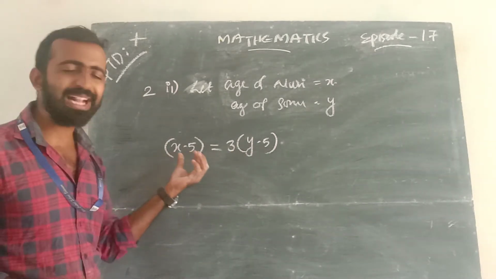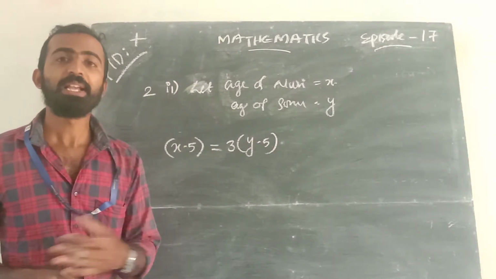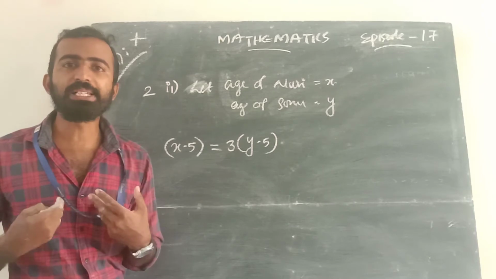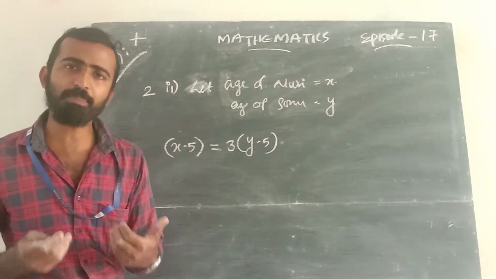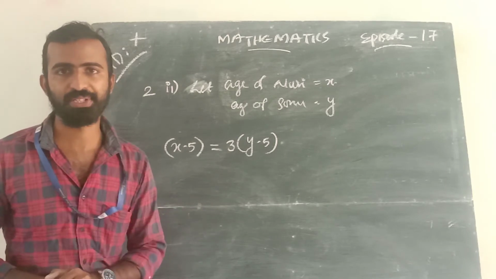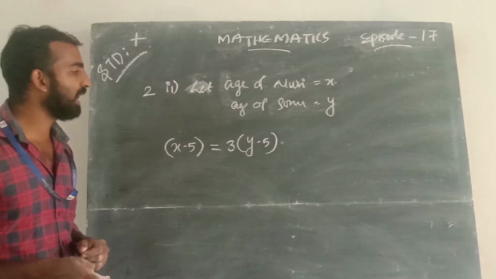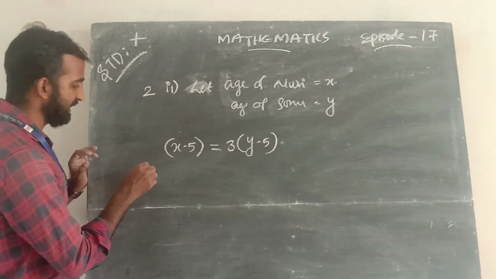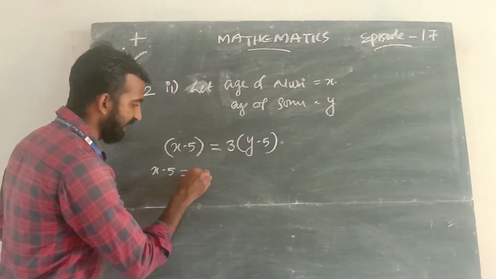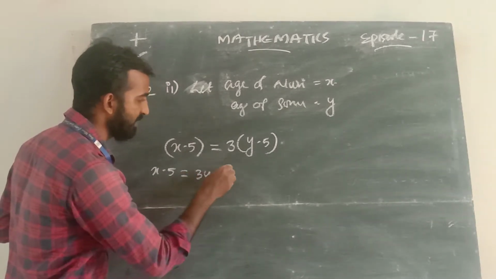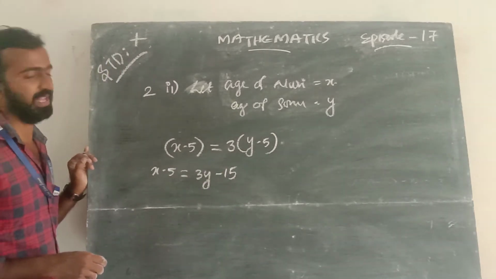So we can write x minus 5 because 5 years ago. If now my age is 10, 2 years ago my age was 10 minus 2, we get 8. So we can write x minus 5 equal to 3 into y minus 5, that is x minus 5 equal to 3y minus 15.